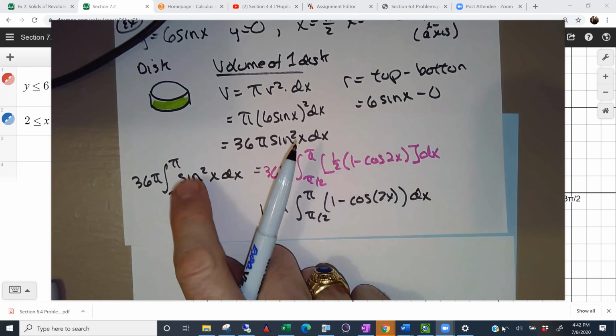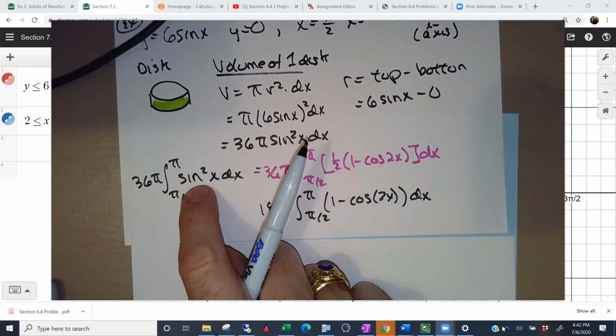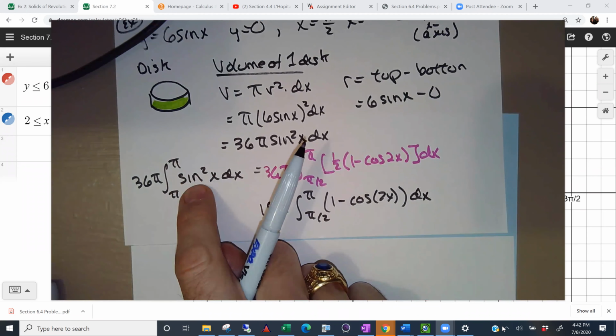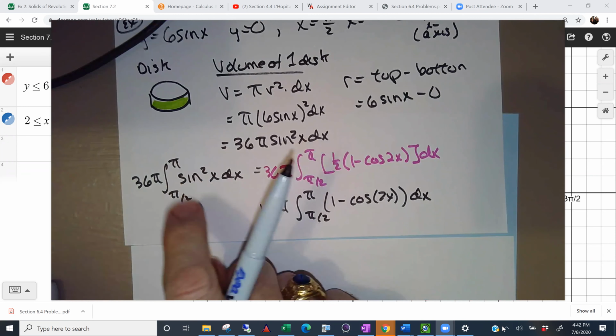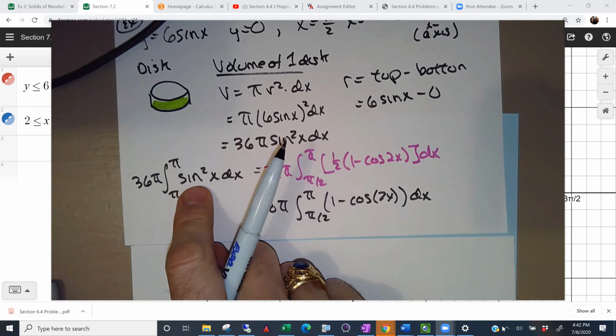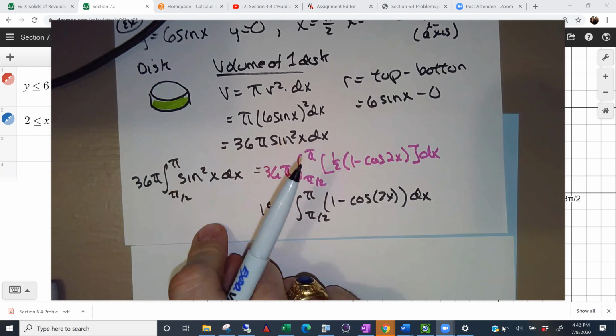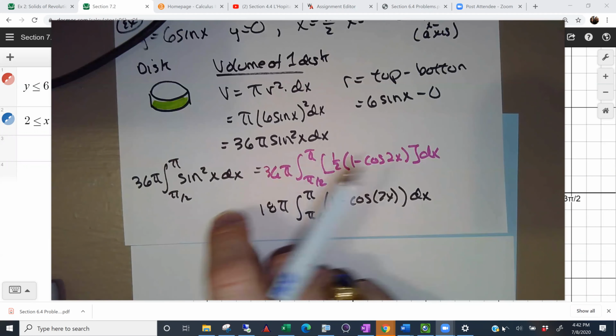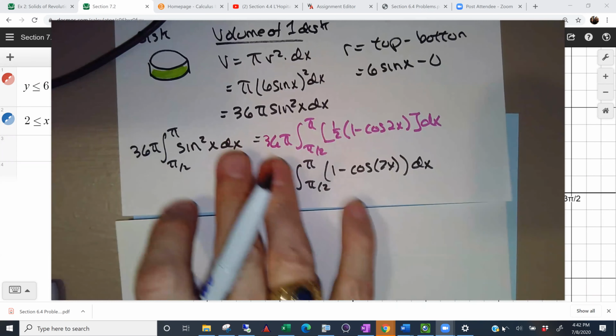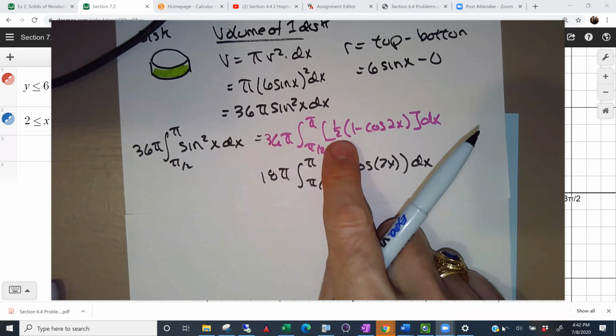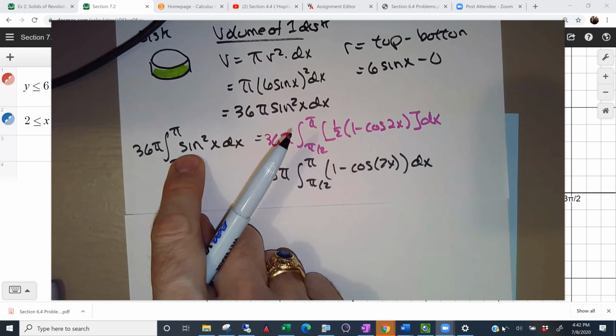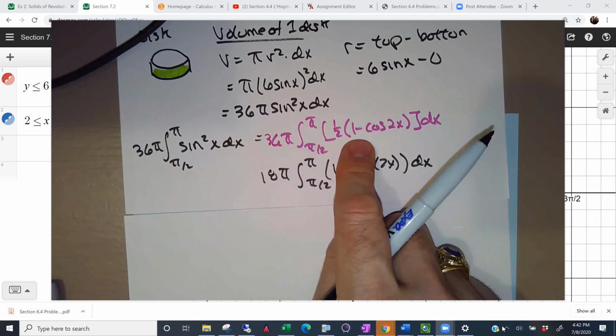By the way, when you do problems like this for me, no one should be just jumping from here to an antiderivative. There's a lot of work that I would expect to see in between. If you're making that kind of jump, you're making me nervous, and that's being polite. I would want to see some work here, and that work is to replace a sine squared or a cosine squared term with something like this.